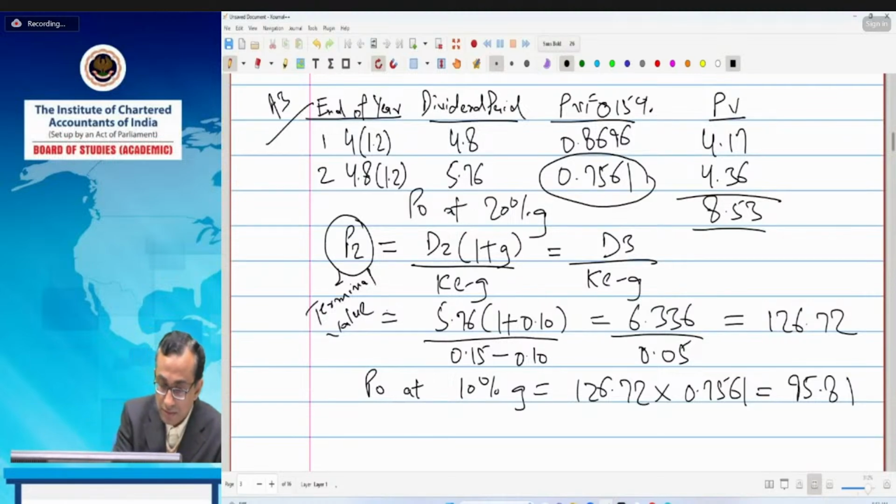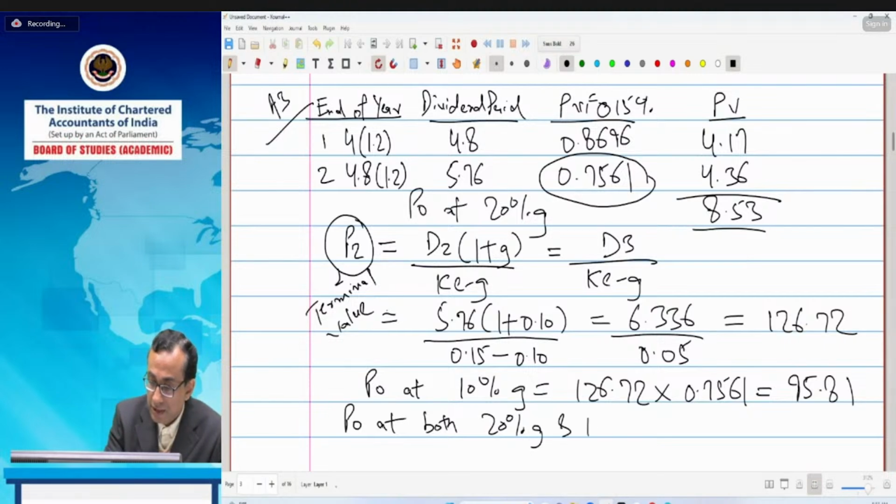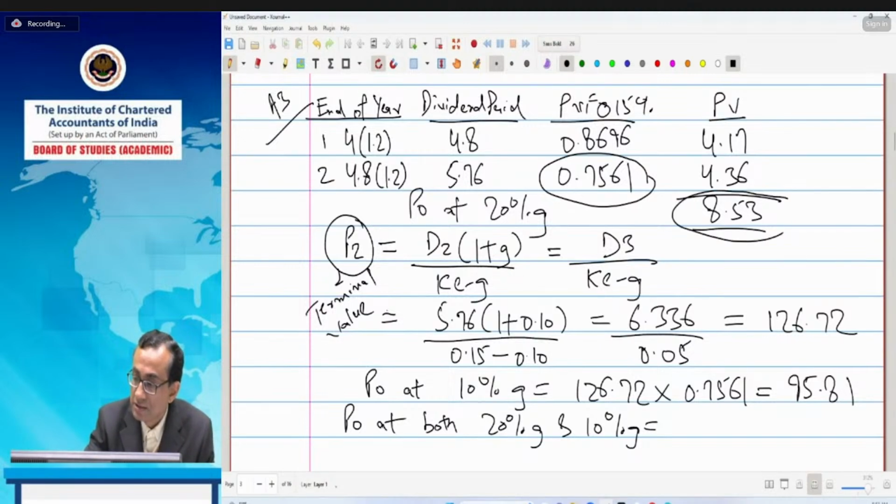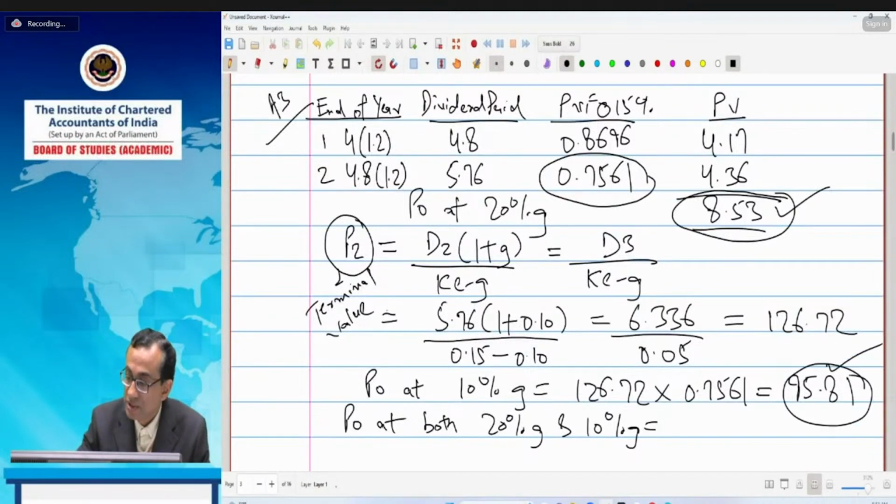So now P0 at both the 20% growth rate and the 10% growth rate is equal to, we will add both these figures, P0 at the 20% growth rate and P0 at the 10% growth rate.